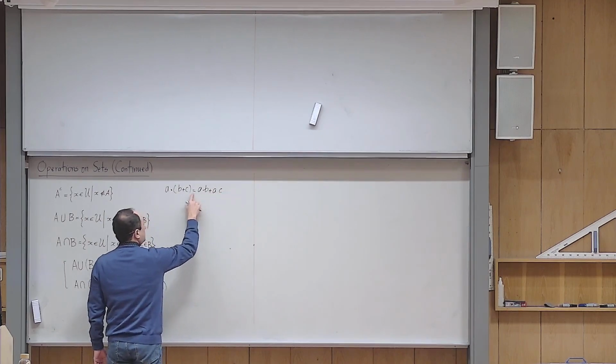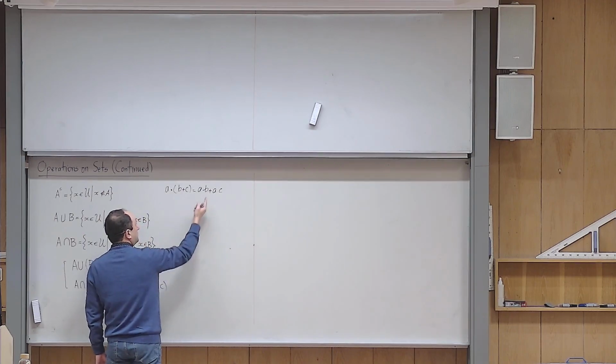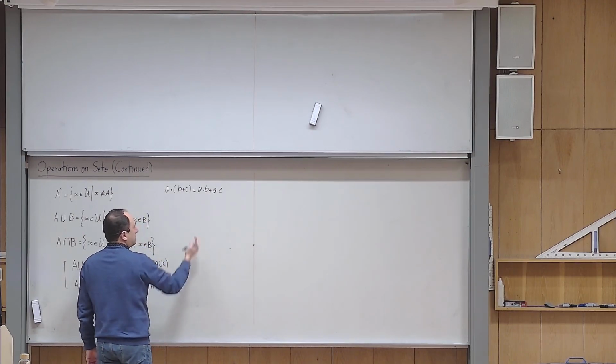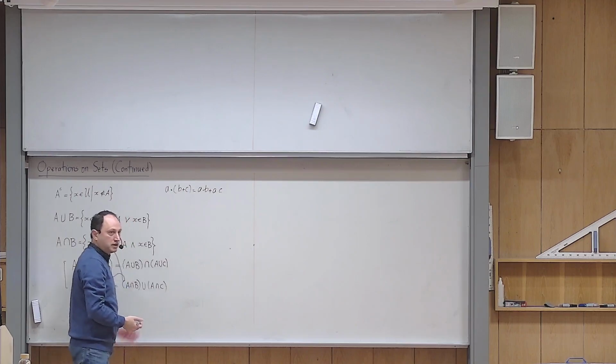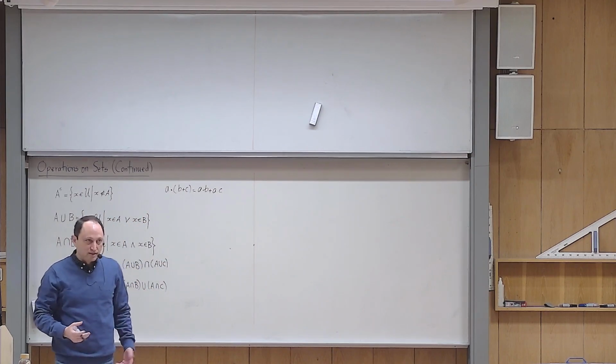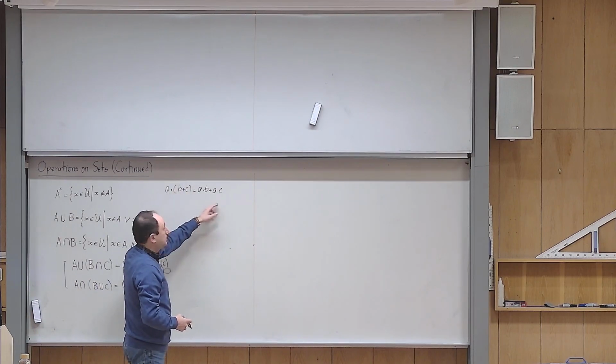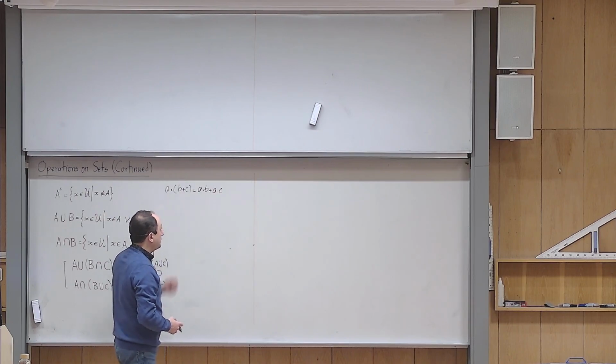But because this is an equality, whenever you need, you can go from right to left. When you go from right to left, you usually say that I factored A out, yes? So distributivity and factorization are actually more or less the same. If you go from left to right, you are distributing it. If you go from right to left, you are actually factoring A out.